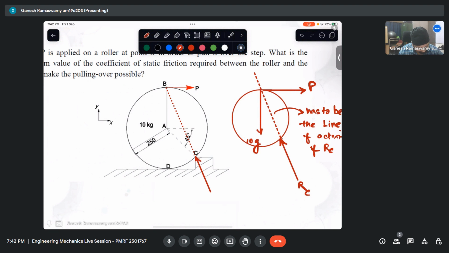So naturally I can resolve this force into two components. One is radial like that. If I take my RC radial like that, which is passing through point A, meaning if I shift this, this is passing through point A. This is my force, one of the forces. This is the normal force there because it is normal to the interface. And then I have frictional force acting like that.